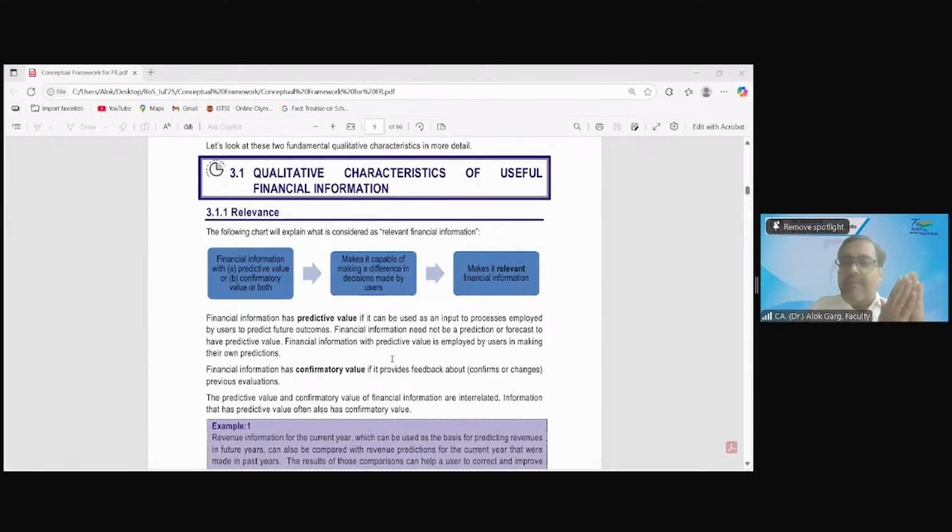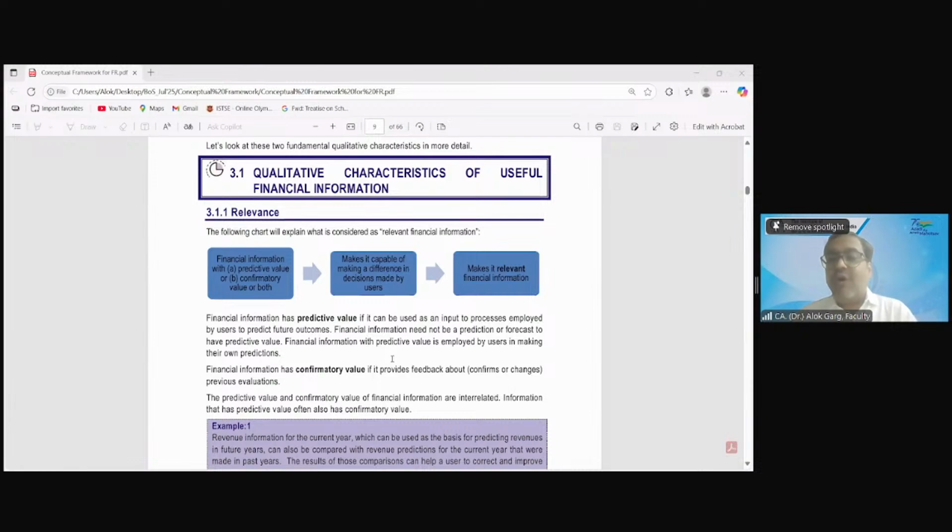So by looking at the past information, by looking at the comparative number, if you are an investor and you are looking at the current year revenue of the company and the last year revenue of the company, you see the revenue has grown by 10% this year, and you are looking at the old financial statements also, and you see a trend of 8 to 10% growth in the revenue every year.